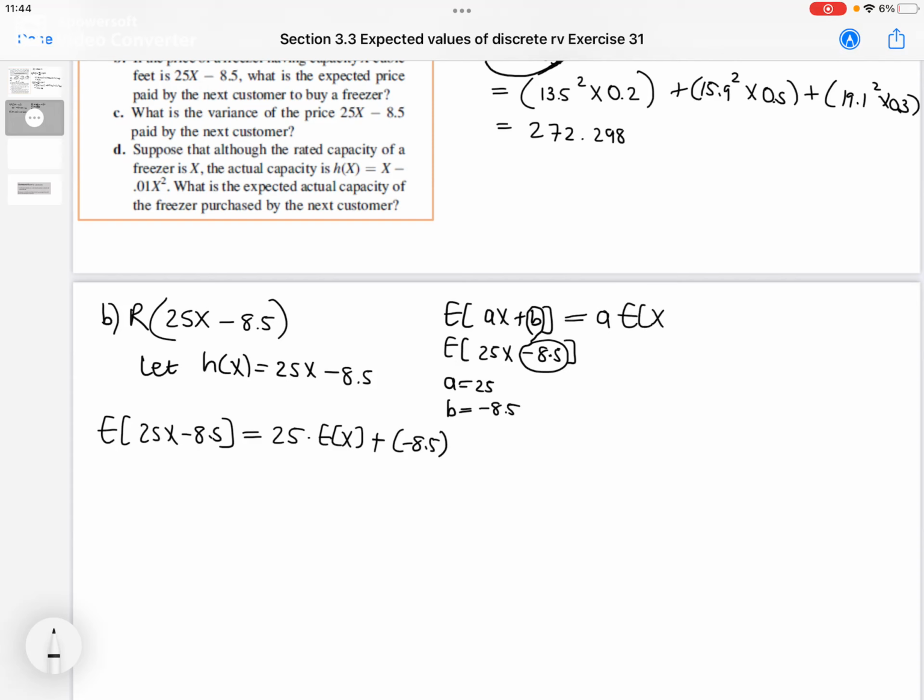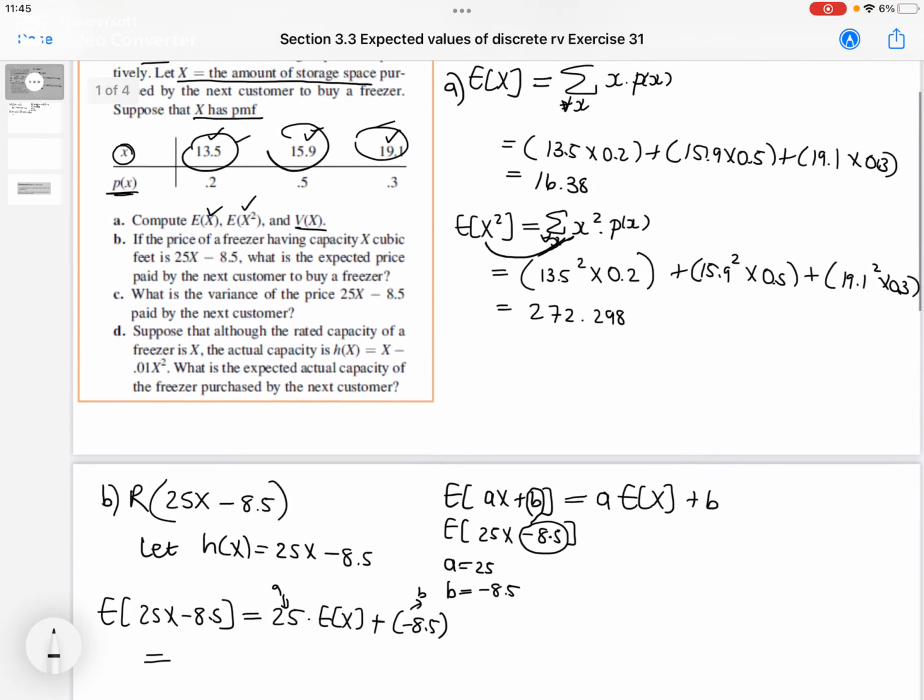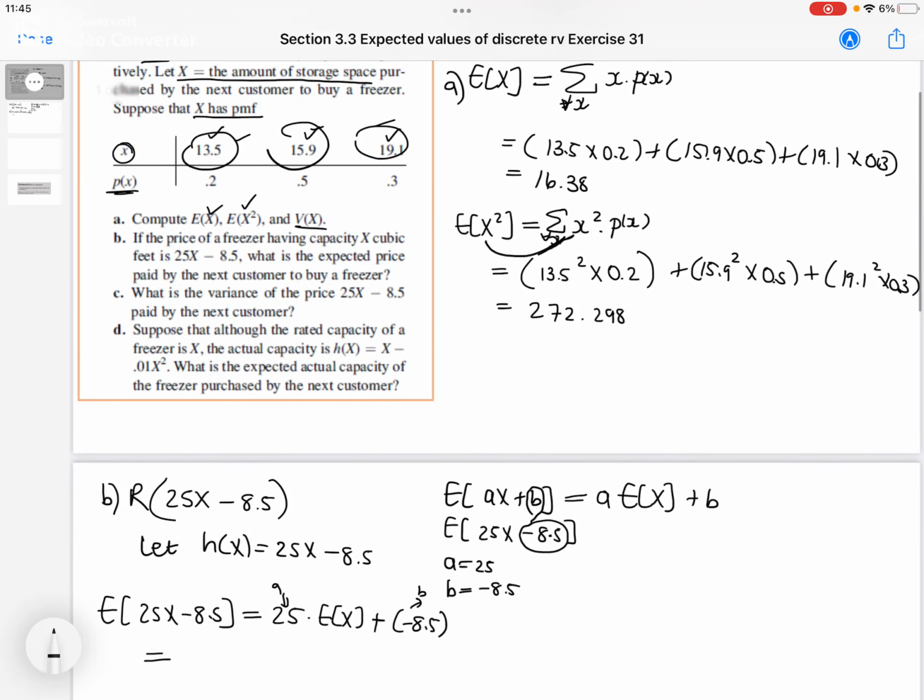Since the proposition says the expected value of ax plus b is equal to a times the expected value of x plus b. So we said that a is 25 and b is equal to negative 8.5. And so that is equal to 25 times the expected value of x plus negative 8.5.